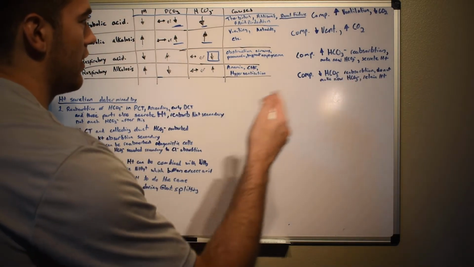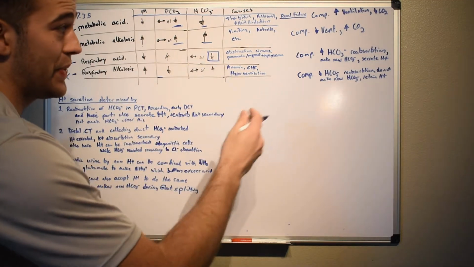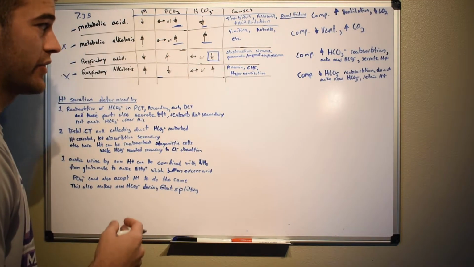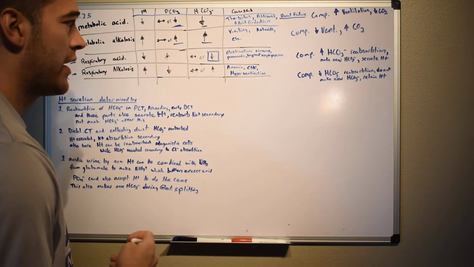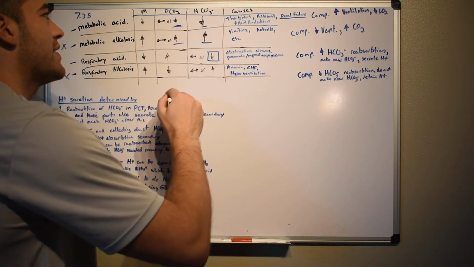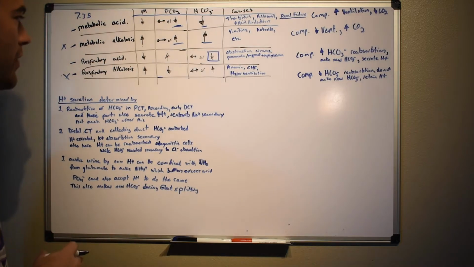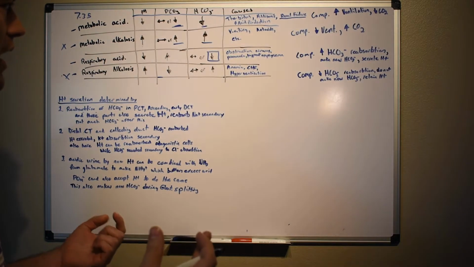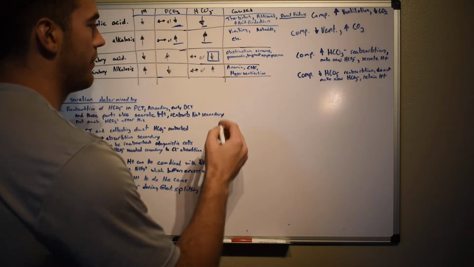I'm not going to read off the entire table because I wrote it up here so that you guys can read it all for yourselves, because it's fairly straightforward. We're going to decrease the amount of CO2 we have in our blood, and that's going to make us alkaline, or more basic, all right?